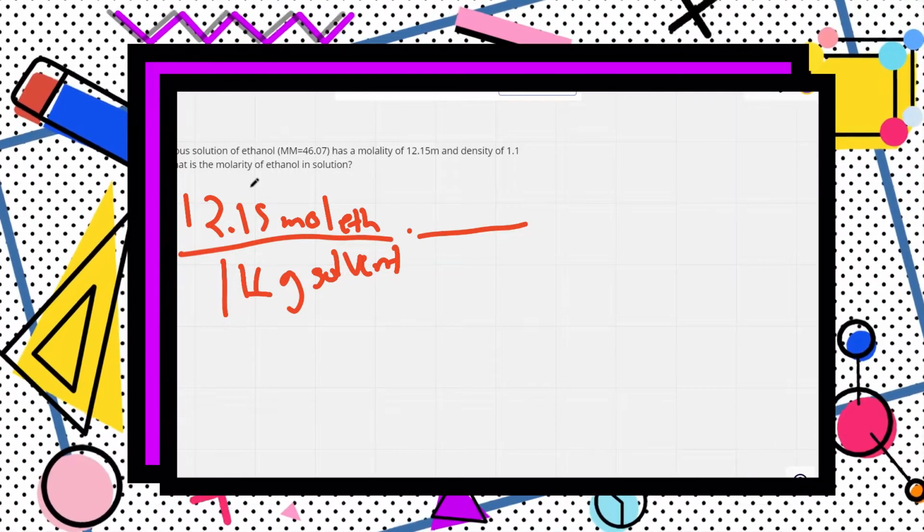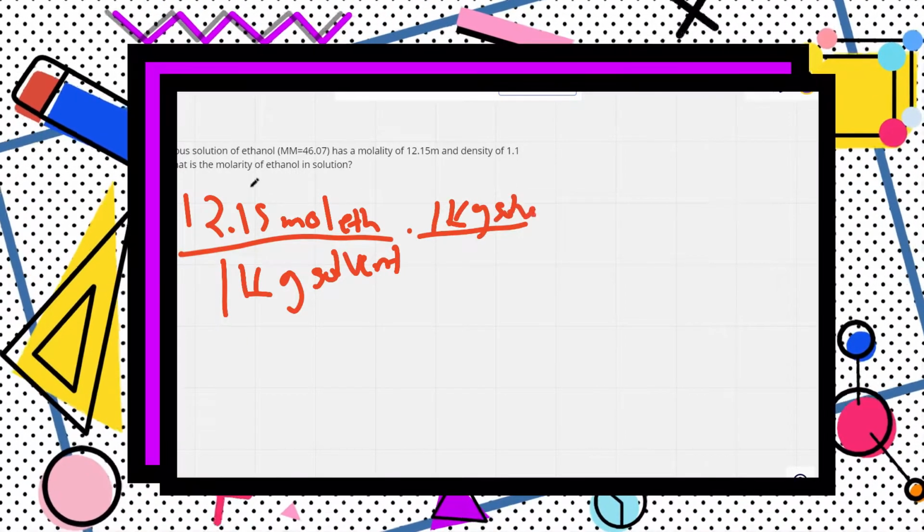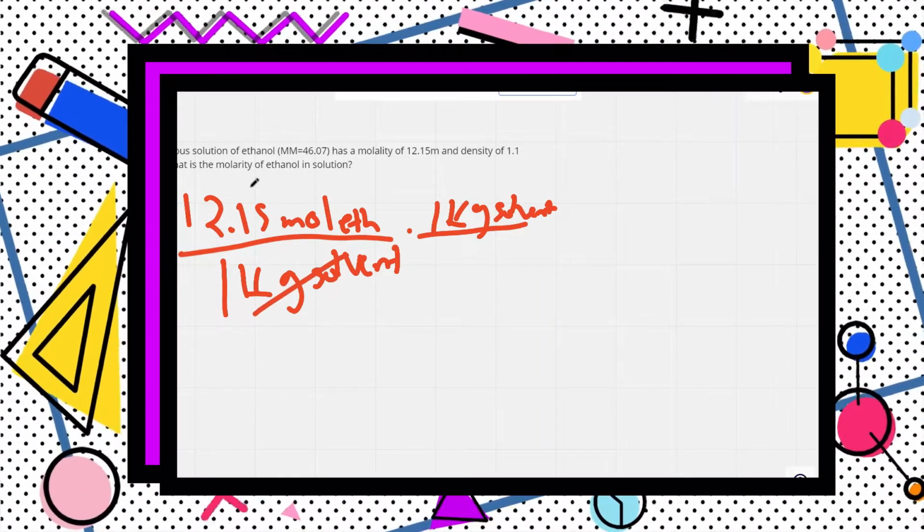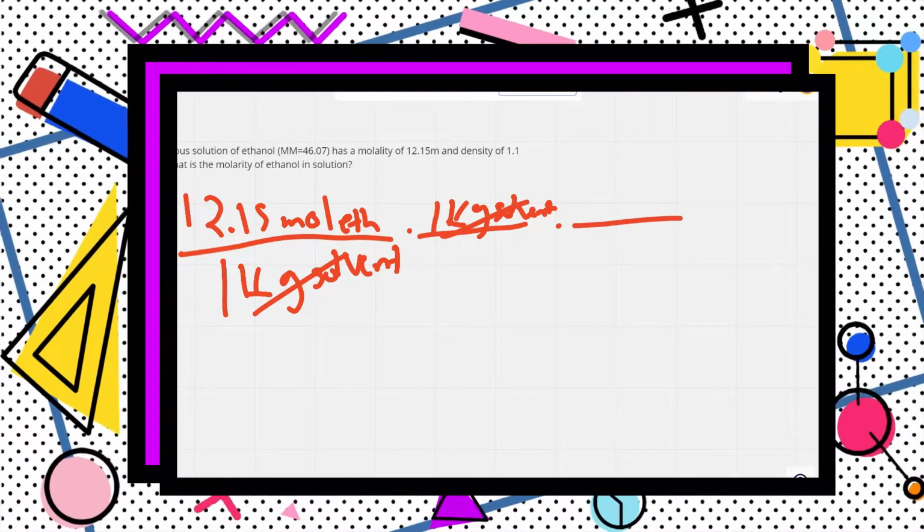Now, what we can do here is multiply my 1 kilogram of solvent by another 1 kilogram of solvent. And what happens to the units? They cancel out. Guys, this is dimensional analysis at its finest. So once you get those canceled, now you're in moles of your ethanol.